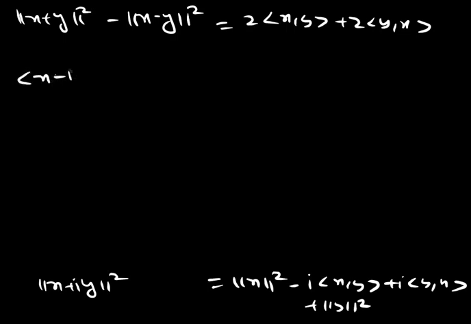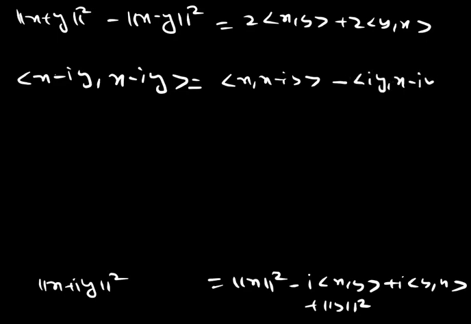Inner product of x minus iy with x minus iy is inner product of x with x minus iy minus iy into x minus iy.